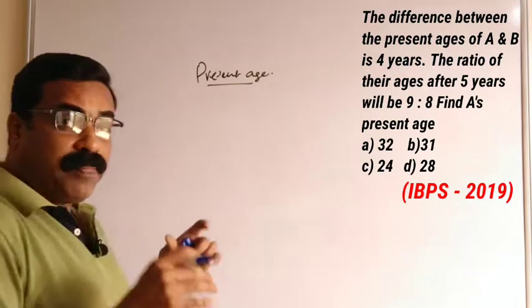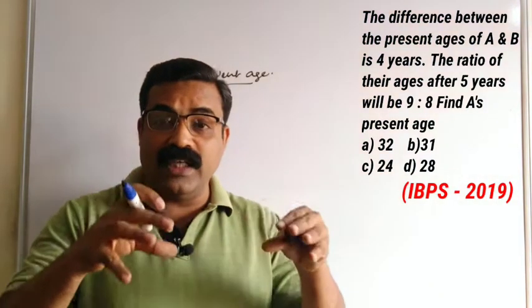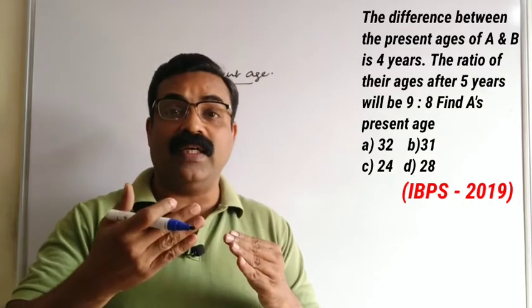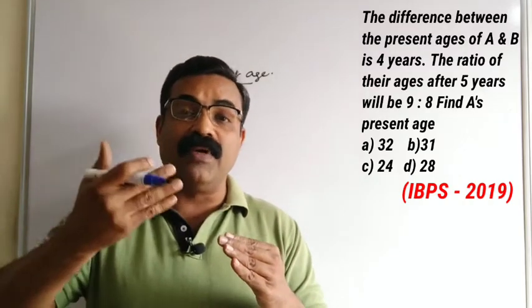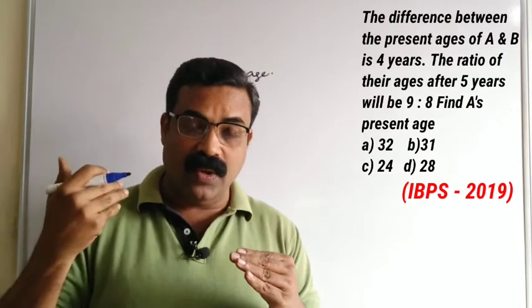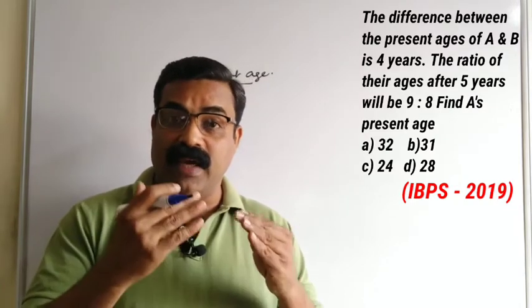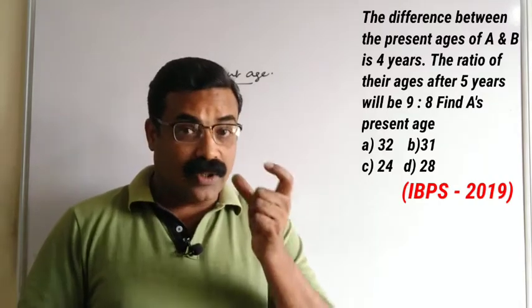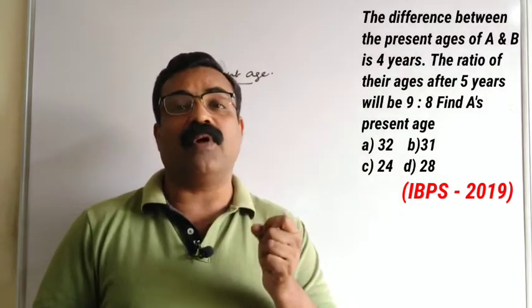When we talk about the present age, we are talking about the age now. From the present age we will calculate an age which is some years before or some years ago, or we will calculate some age which is some years after or some years hence. So here we have two very important words.